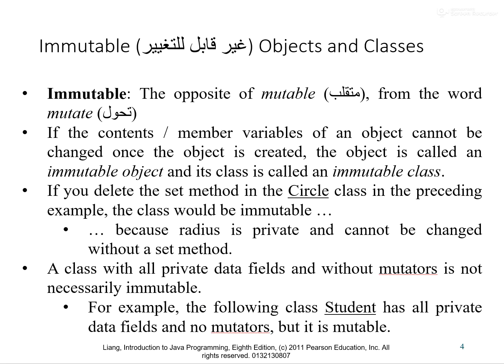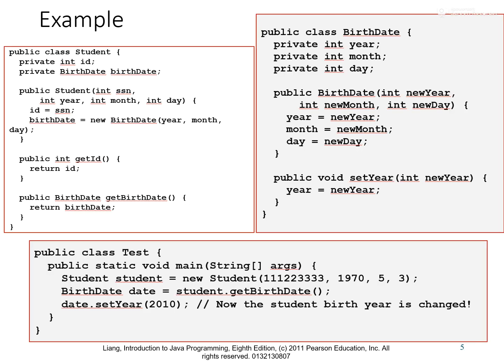immutable classes. There is, however, an interesting example in the slides. This one. I want you to take a look at this. In this example, we have a class student. It has two private data members, an ID and a birth date. And on top of that, we don't have any set accessor methods.